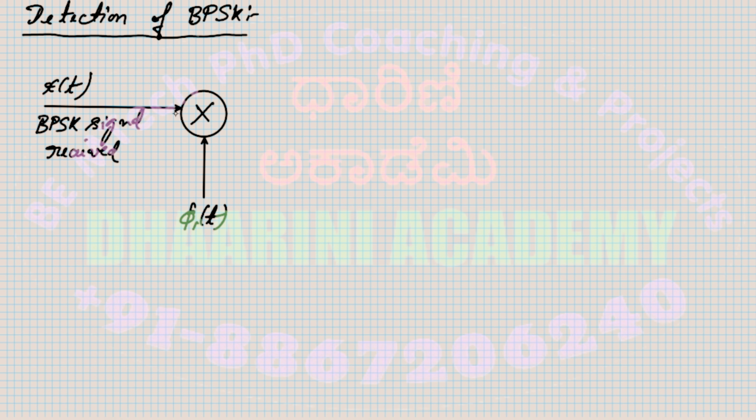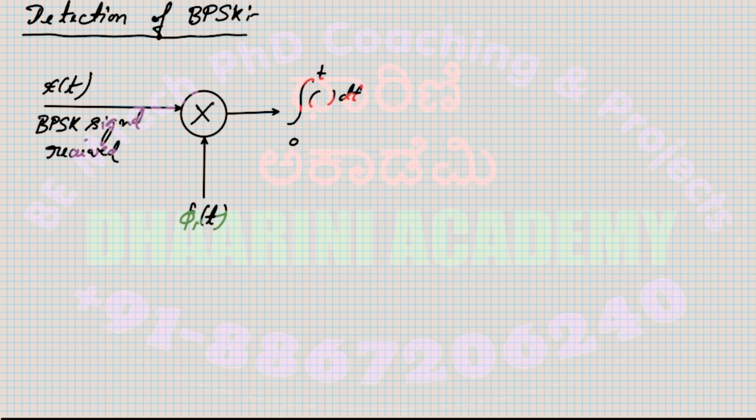So this result is then passed through an integrator. Here we perform integration of, so maybe 0 to some time duration t, the received function into dt. Altogether the product modulator and this integrator is called the correlator.